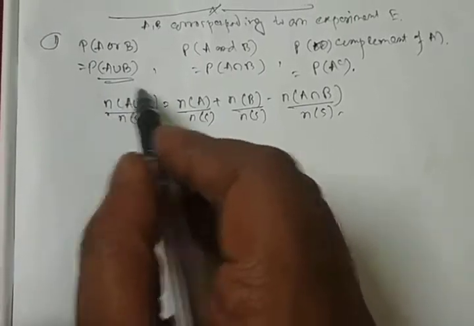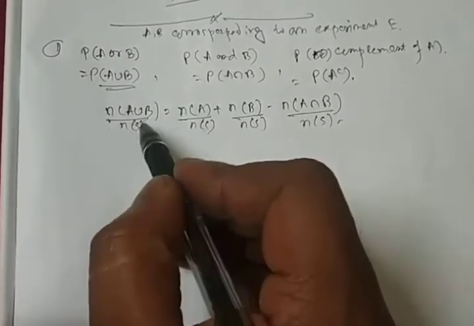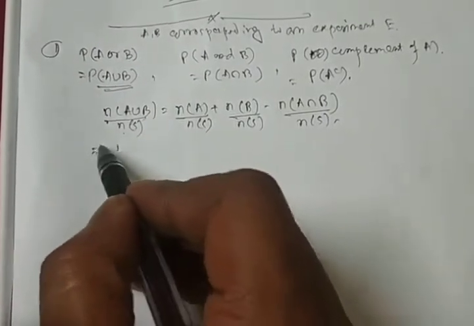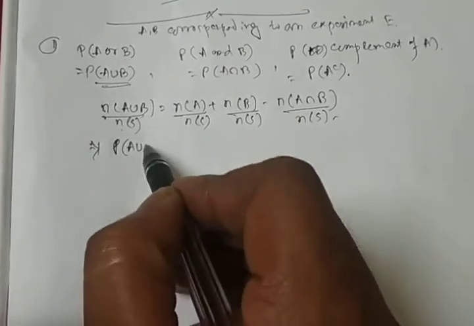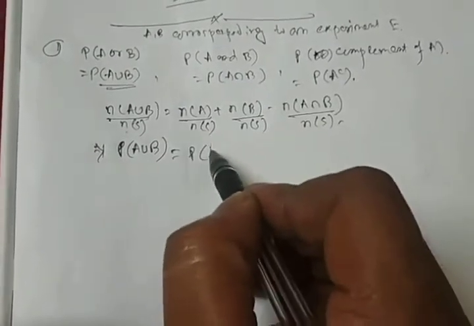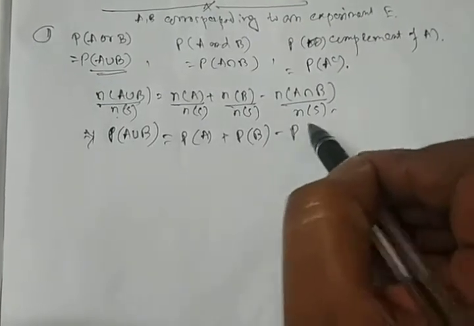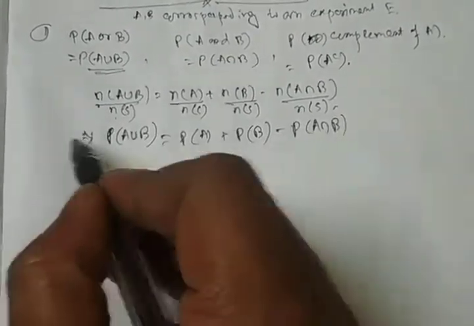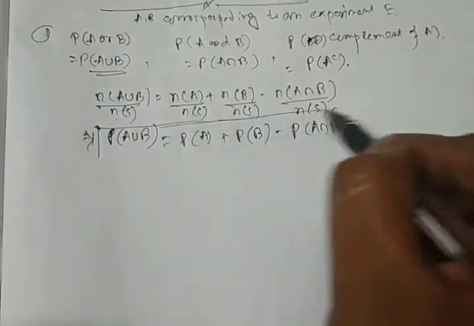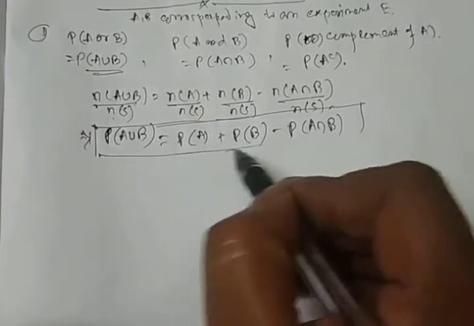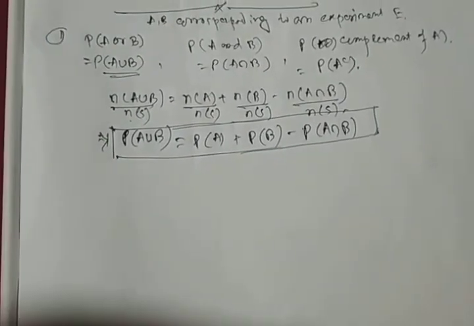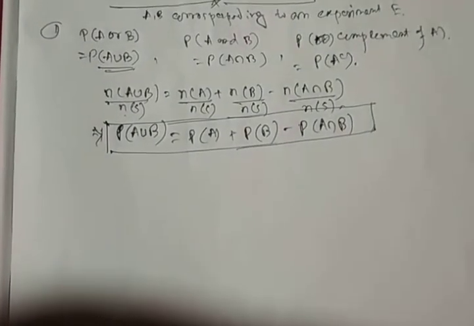By the probability definition, n of A union B divided by n of S is P of A union B, which equals P of A plus P of B minus P of A intersection B. So this is the first relation.